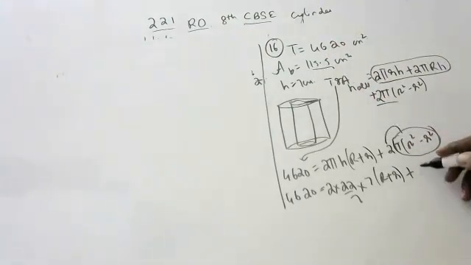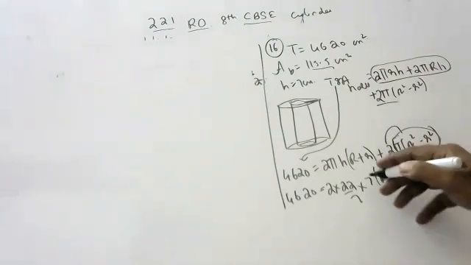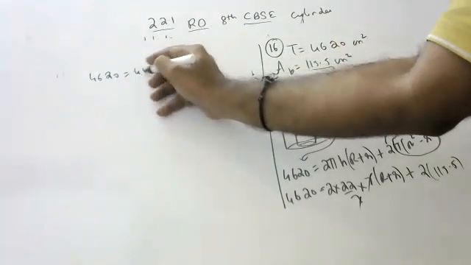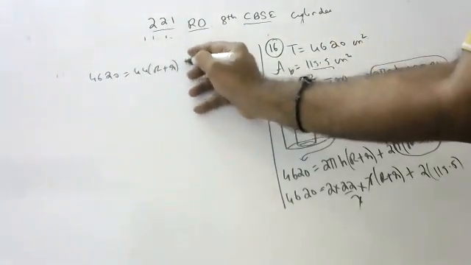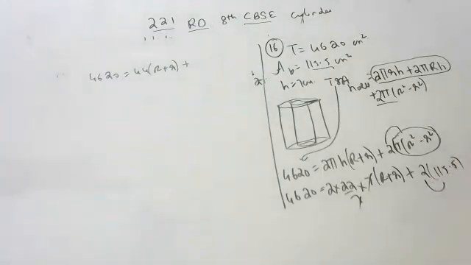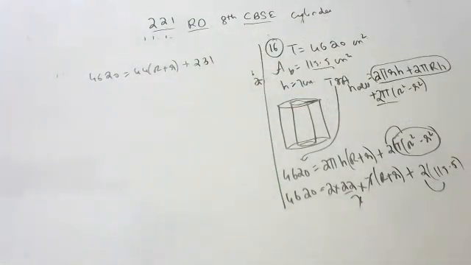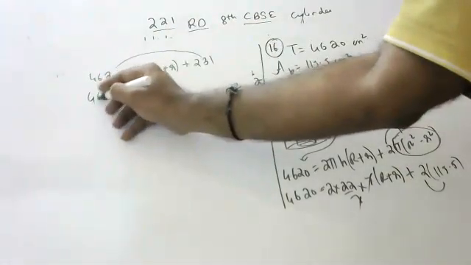Two rings is how much? 2 into 115.5. He only gave it, why unnecessarily confuse? 4620 is equal to 44 into R plus r, plus 231. Take 231 that side.